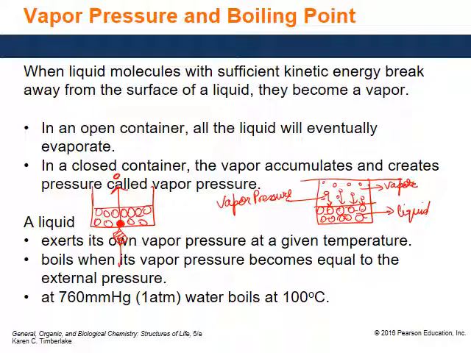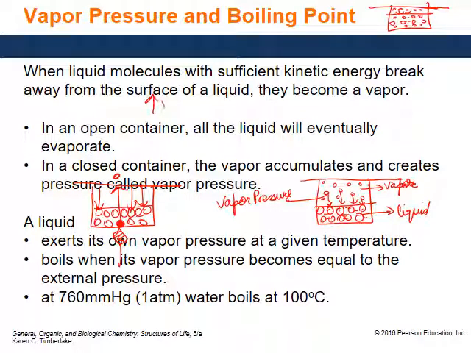So now, if there is a higher vapor pressure, when would that happen? When these gas molecules are very separated from each other. So in the case of a liquid, if all these molecules have a very weak force of attraction keeping them together, that means these molecules will easily turn into gas, and that gas will exert vapor pressure.